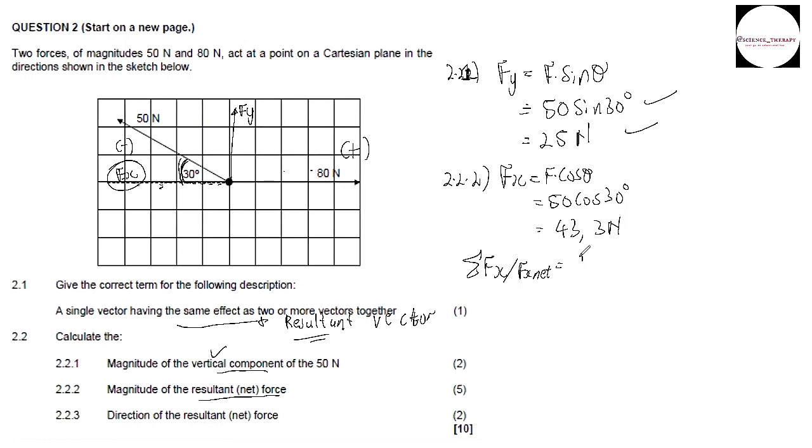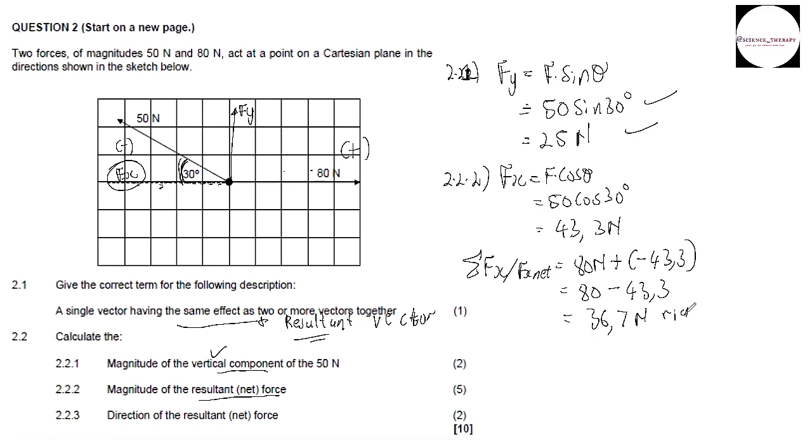So we have the 80 Newton plus the negative 43.3, where the negative indicates it's going in the opposite direction. Hence 80 minus 43.3, which goes back to the fact that if the vectors are in opposite directions, we subtract. That gives us 36.7 newtons, but to which direction?